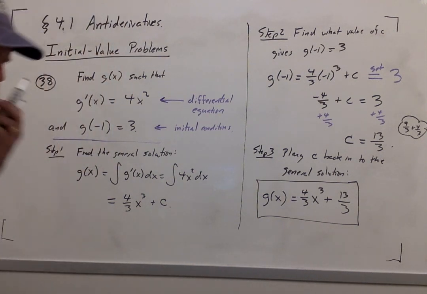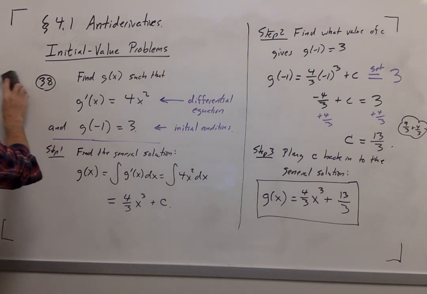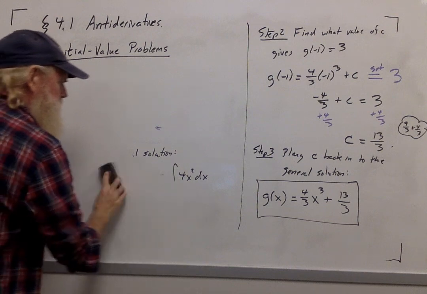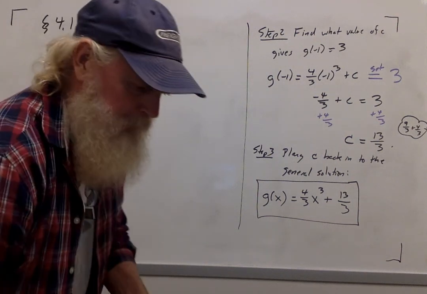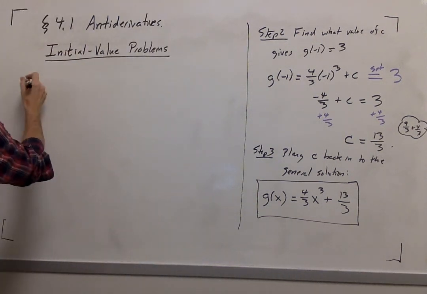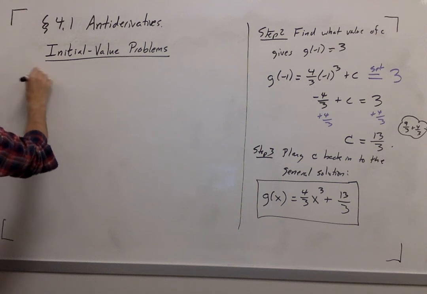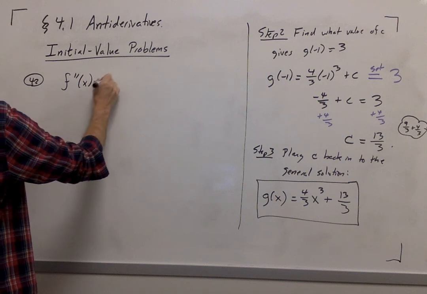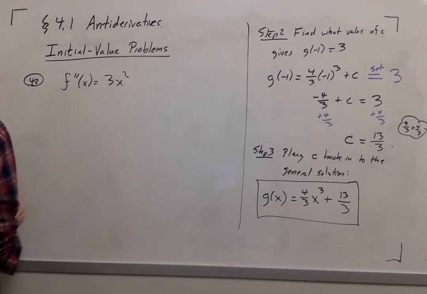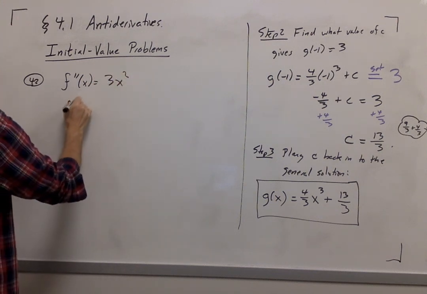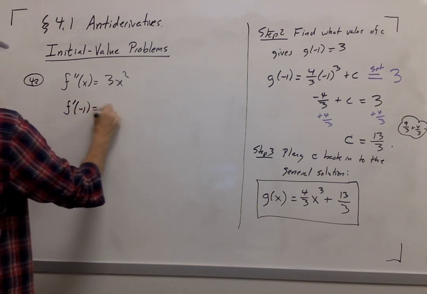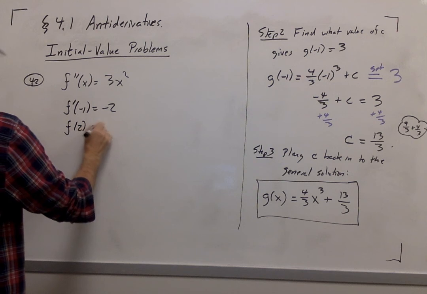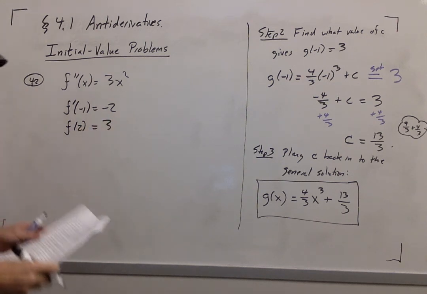For a second example, let's look at problem number 42. Here they tell us that f double prime of x is equal to 3x squared, that f prime of negative 1 is negative 2, and that f of 2 is equal to 3.